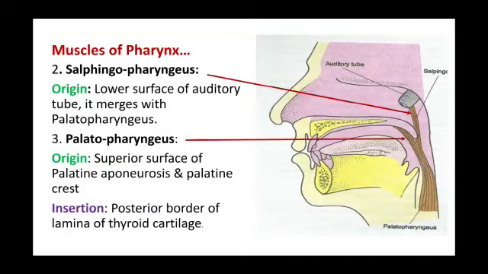The salpingopharyngeus originates from the lower surface of the auditory tube. It merges with the palatopharyngeus, while the palatopharyngeus originates from the superior surface of the palatine aponeurosis and palatine crest. Both together are inserted to the posterior border of the lamina of the thyroid cartilage.